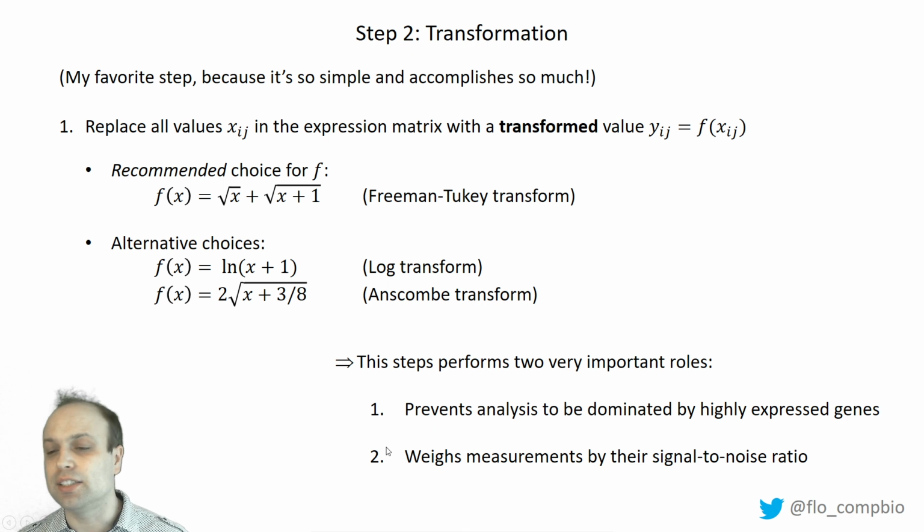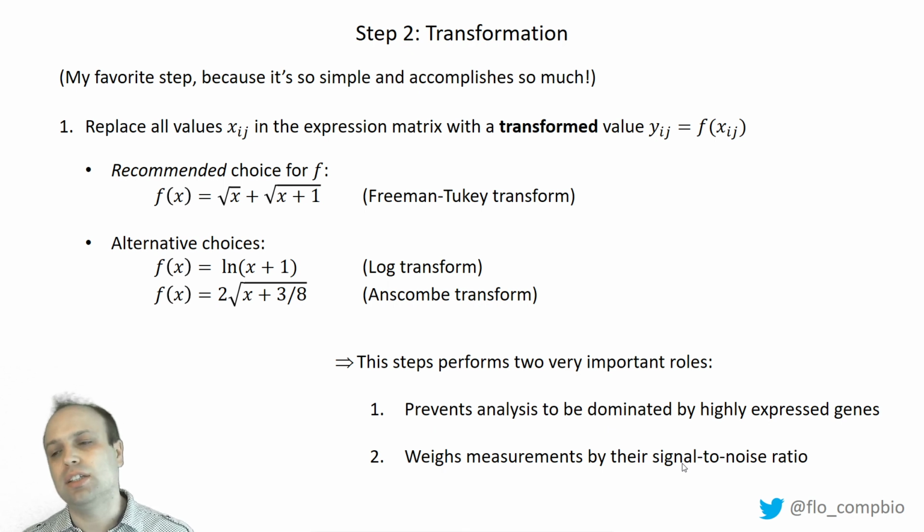The second thing it does has more to do with the technical noise that I mentioned, so you have to understand a little bit more about the profile of the technical noise in single-cell RNA-seq data. But basically, especially the square root transforms weigh each measured expression level by the signal-to-noise ratio that we expect for that expression value. That's very good because it makes good use of our data.